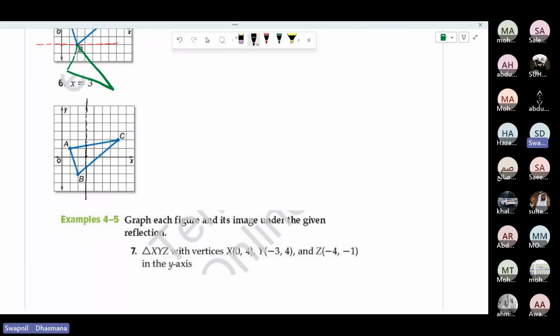If that is the mirror, then this part will go 2 points here. This part will go 1, 2, 3, 4 points there. And this part will come 1 point here. So you just join them now.